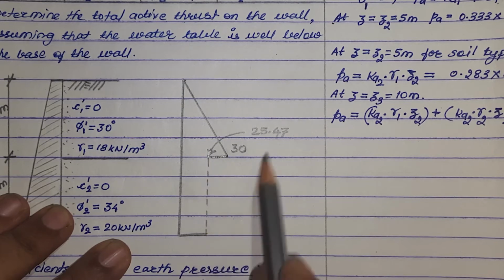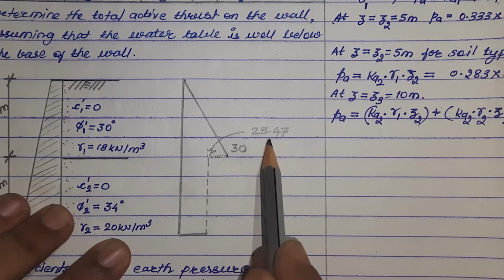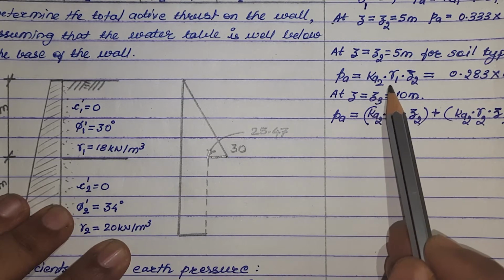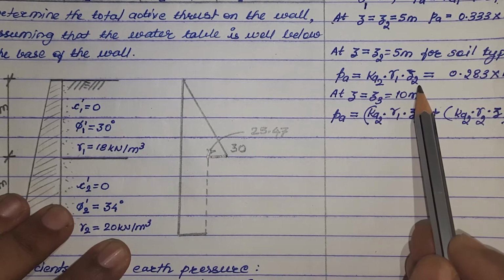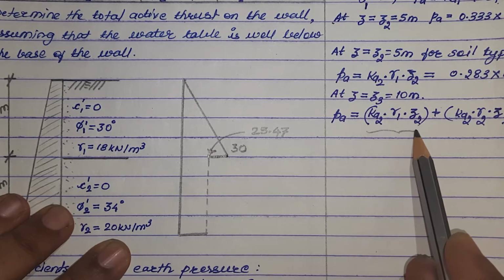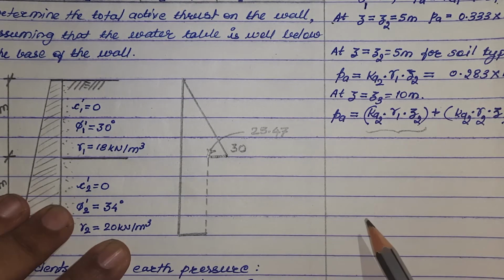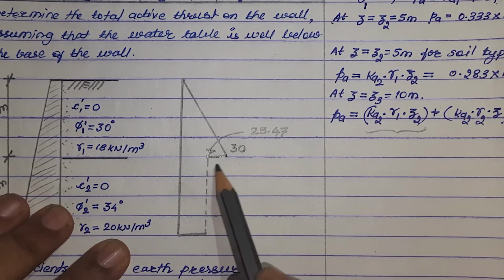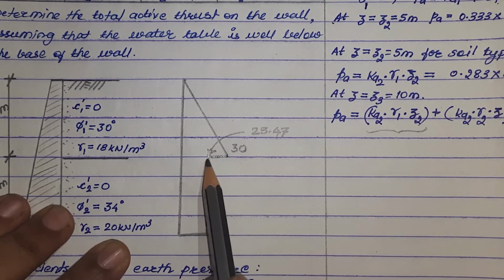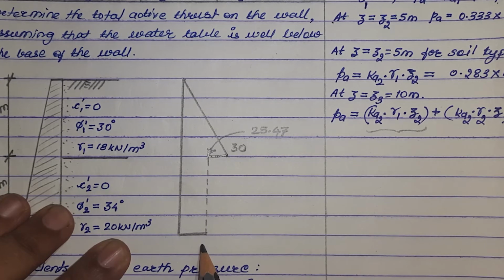It will be the same 25.47, and this value we have calculated with the help of the formula Ka2 gamma 1 Z2. Hence the same formula we have written here. Okay, always remember, in such a situation where there is a change in type of soil, whatever pressure we calculate here, the same pressure would be taken down.